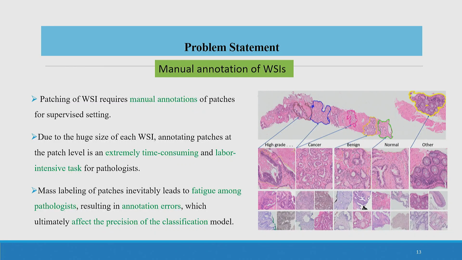When we make this annotation, because as we mentioned before the whole slide is very big, manual annotation is very time consuming, labor intensive, and also very expensive. So manual annotation is very challenging.